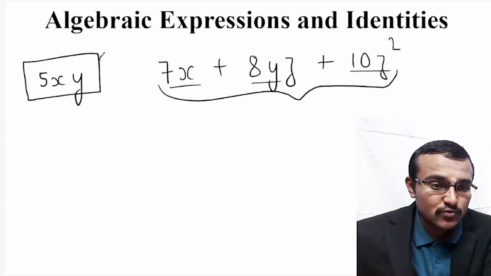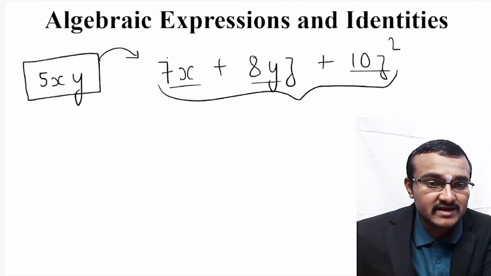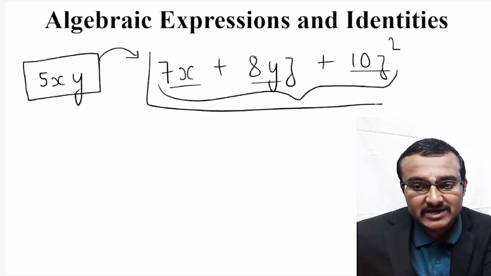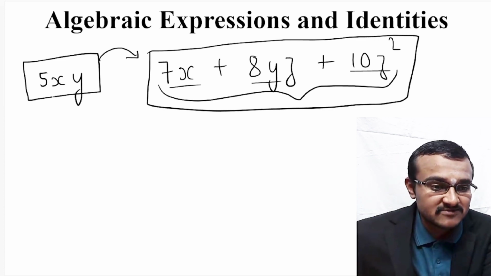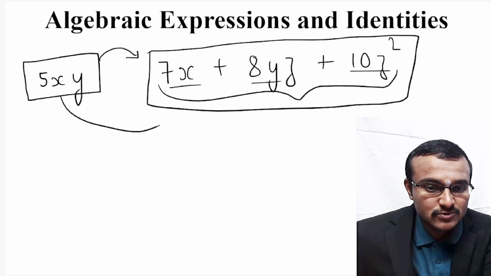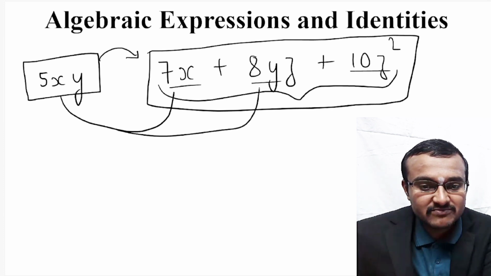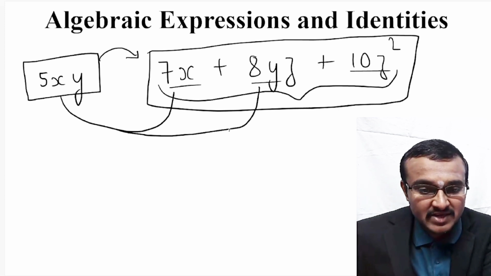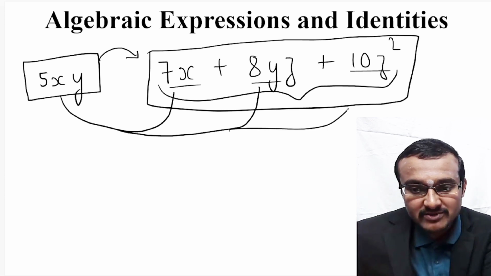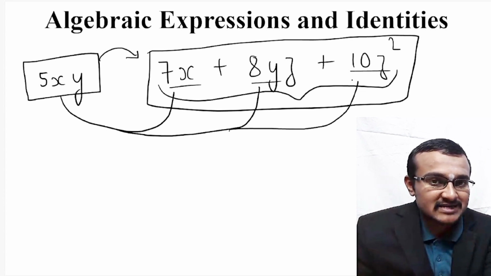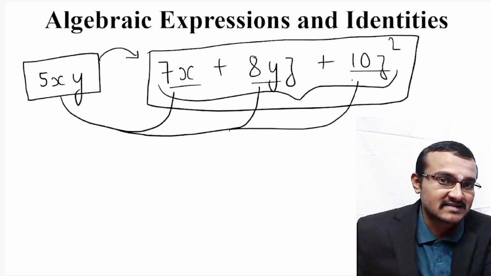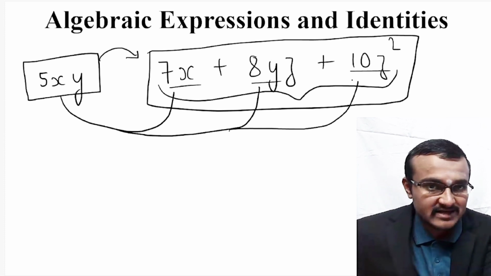Now when you want to multiply this 5xy with 7x plus 8yz plus 10z square, you should always remember this 5xy should be multiplied with 7x, and this 5xy should also be multiplied with 8yz, and this 5xy should be multiplied with 10z square, and there should be the subsequent plus sign, like whatever plus or minus sign is there in that algebraic expression.